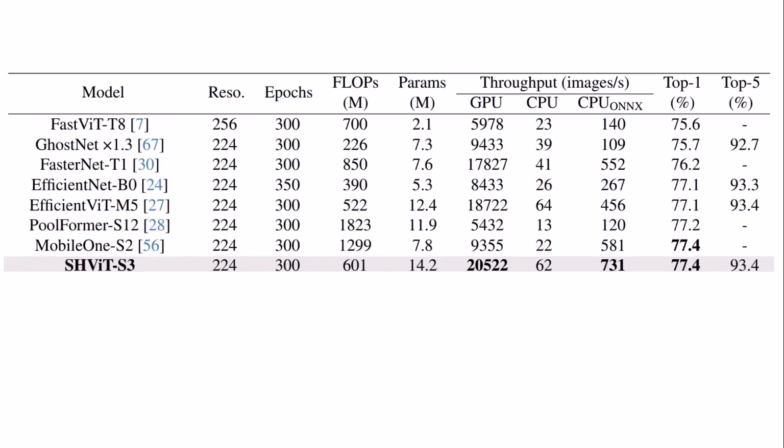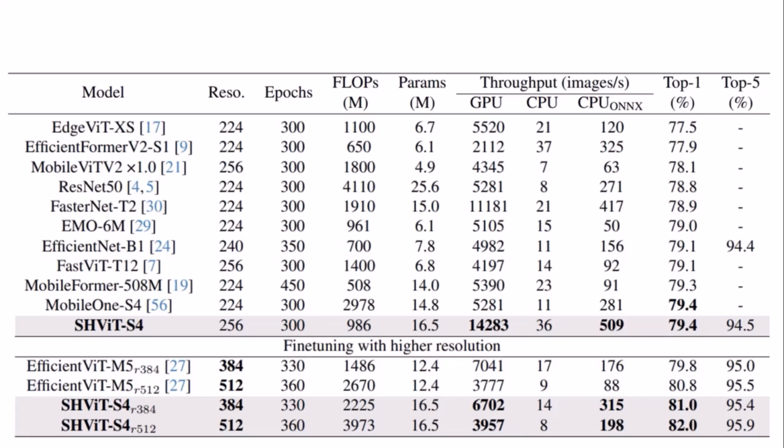And for the S3 variant, they compared it with FastViT. Apparently it's not fast anymore: it is around 4 times faster than that, and it has a better accuracy. And again, comparing to the state of the art, which was MobileOne S2, you can see that it's around twice as fast while maintaining the same accuracy again.